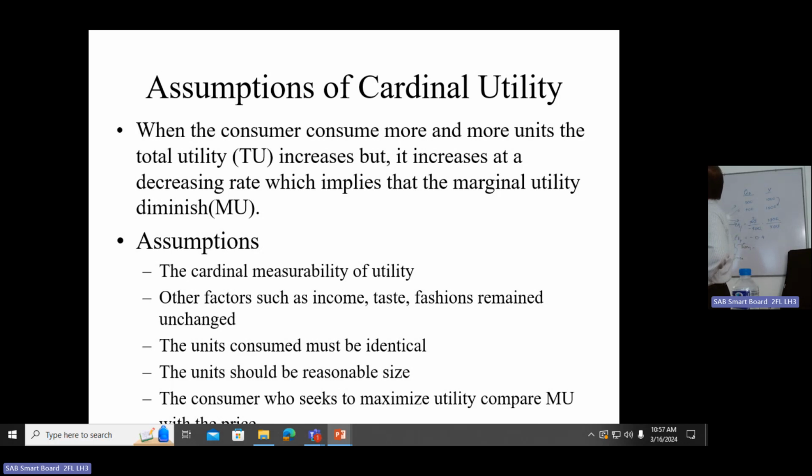So we assume other factors remain constant. That is the assumption we make all the time when we consider one thing.